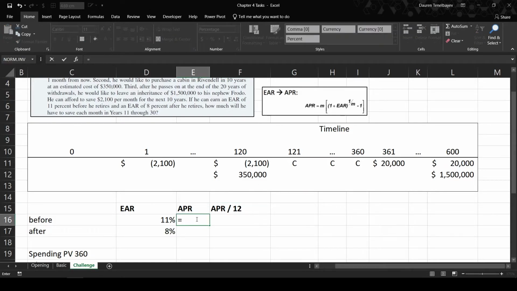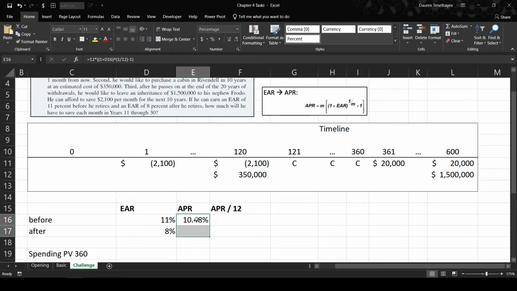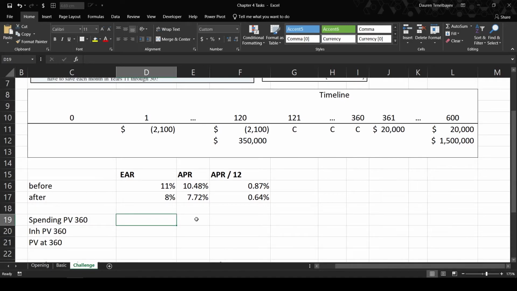So let's get started. Equal sign 12, which means months, multiplied by open two brackets 1 plus effective annual rate in the power of 1 divided by 12, and then minus 1. Those are our annual rates, and then we simply divide them by 12. We have found our pre-retirement and after-retirement monthly rates. Next, how much he needs at retirement.